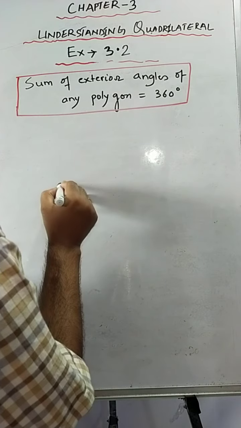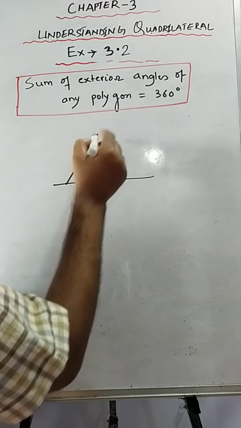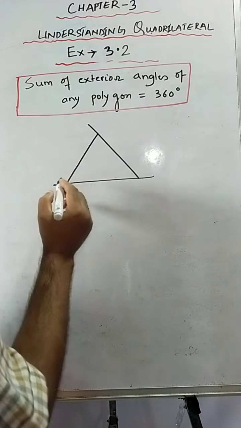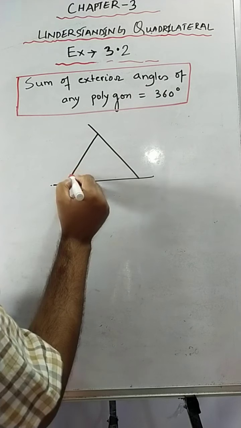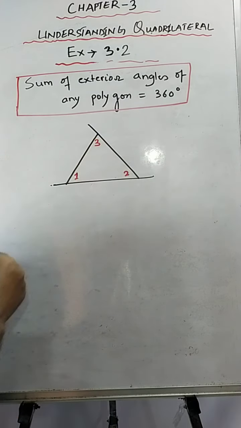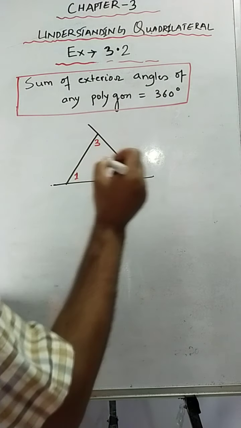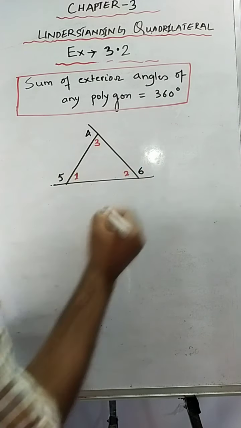So let me draw one triangle first. Okay. Now let me name the angles 1, 2, 3 and 4, 5 and 6.